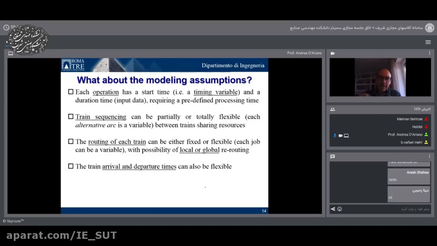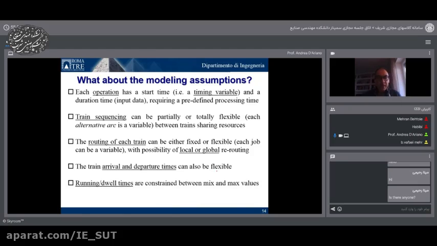Then fixing the timing variables, you can also clearly decide the arrival and departure time, because if you fix the timing of each operation, then you will also fix the time to arrive at the station and the time to leave the station for each train. And this timing can also be flexible.